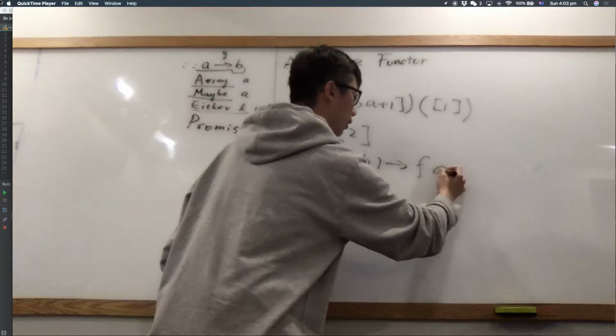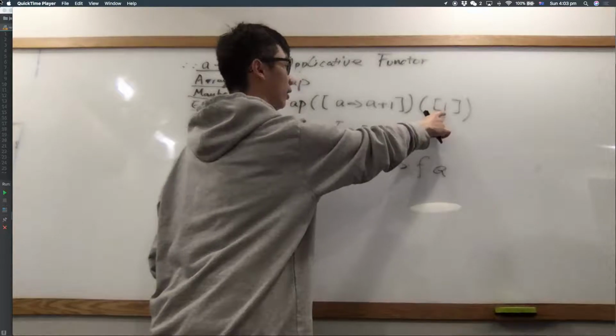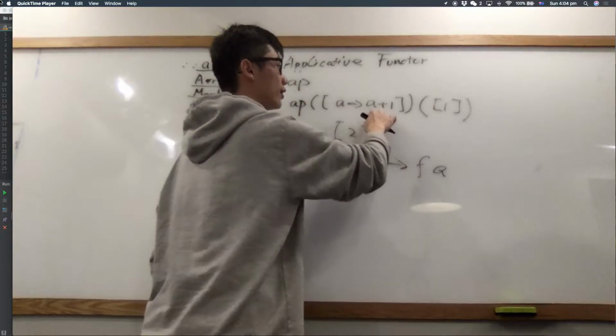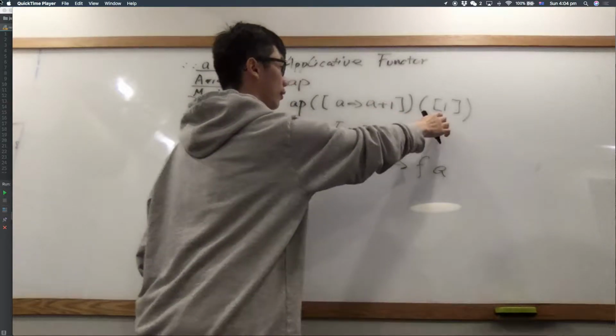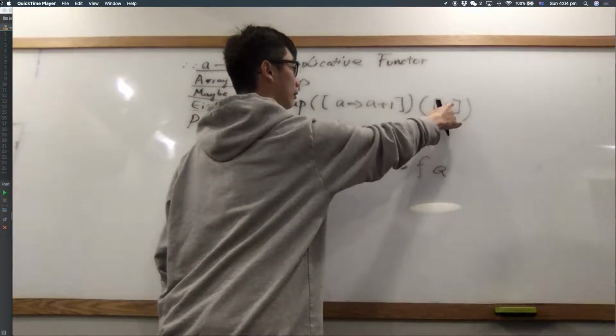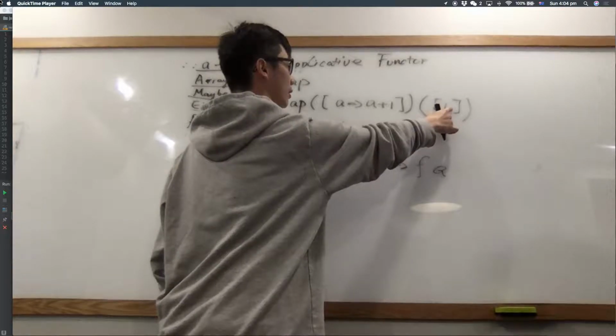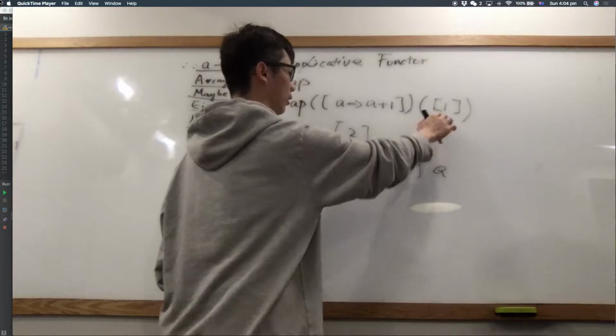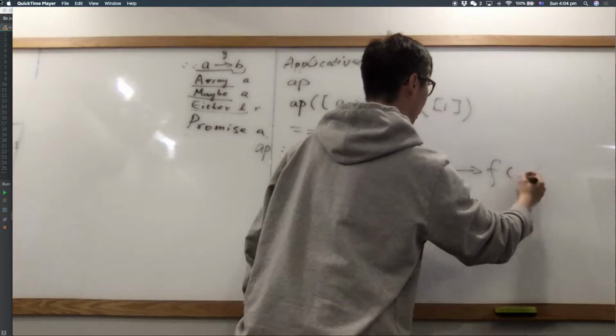A, yeah. Because the value here will be passed into this function and produce another value. So the value here needs to be the same type. So it will be F A here. It will produce F B.